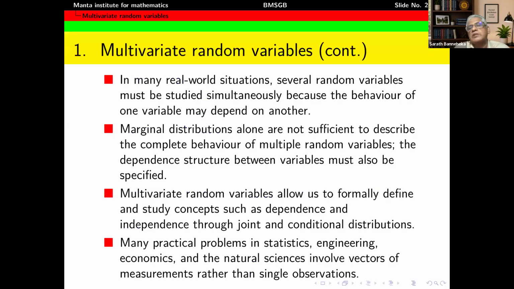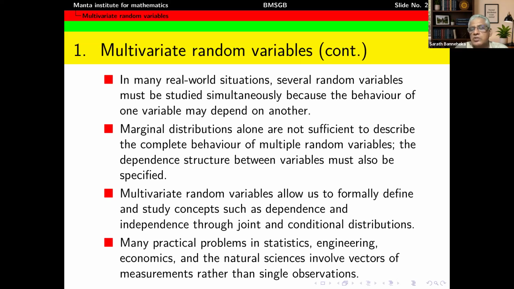So we will start with a discussion about why we need to learn about multivariate random variables. Up to now, we were talking about univariate random variables and their properties, expected values, distributions, and so on. But in many real-world situations, we have to deal with several random variables simultaneously.